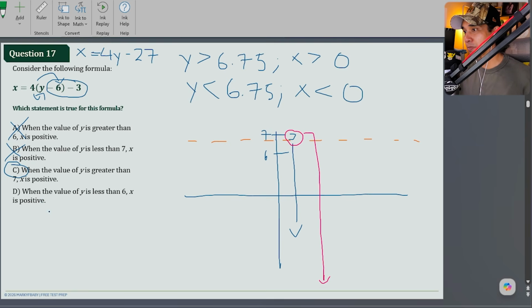But let's disprove D. When the value of y is less than 6, x is positive. Well, these are our rules: y is less than 6.75. Any values less than 6.75 will give us negative values. Okay? And 6.75 is this orange line, right?